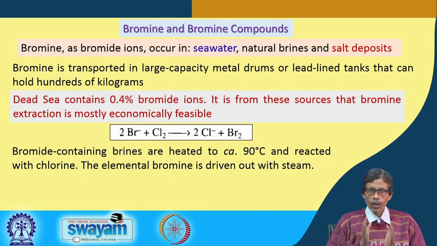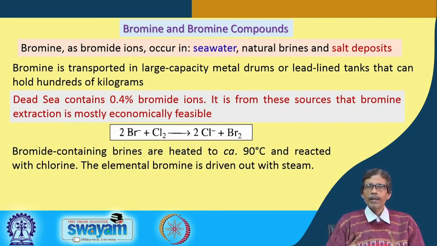So, the volatility is such that steam can take it out, but when you condense it at a low temperature, both liquids will be there as two different liquids, and depending upon density, bromine is definitely the heavier one. So, it will be at the bottom of the container or reactor, where water is at the top. So, you must have some outlet to take out bromine from that chamber, the way we do in the laboratory by using a separating funnel.